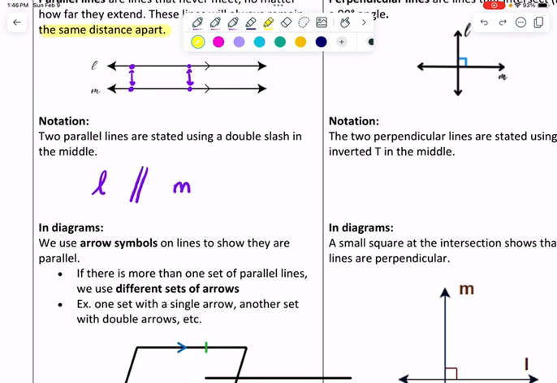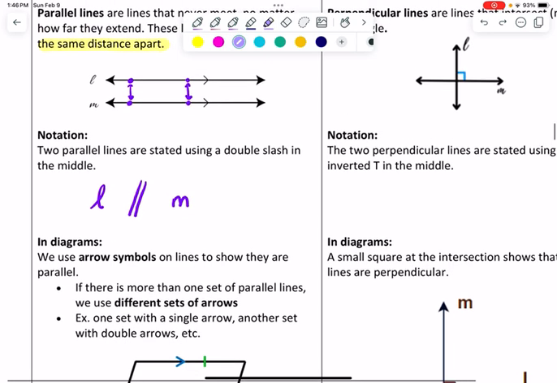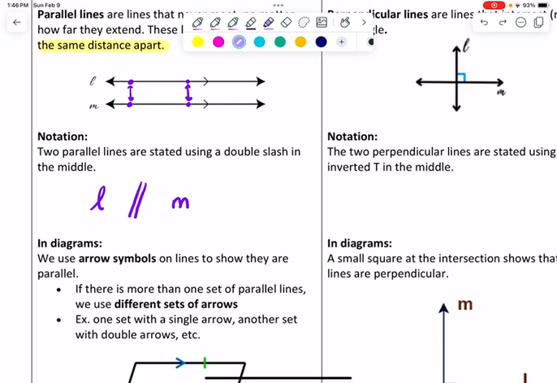Okay. Now that's the notation I use to state that things are parallel. But I want to talk about the notation that you have on diagrams to show that lines are parallel. Because it's never enough for me to look and be like, they look pretty parallel, I'm going to make that assumption. I never assume. I know something's parallel only if it tells me. And what they use in diagrams to tell me that lines are parallel is they use extra arrow symbols.